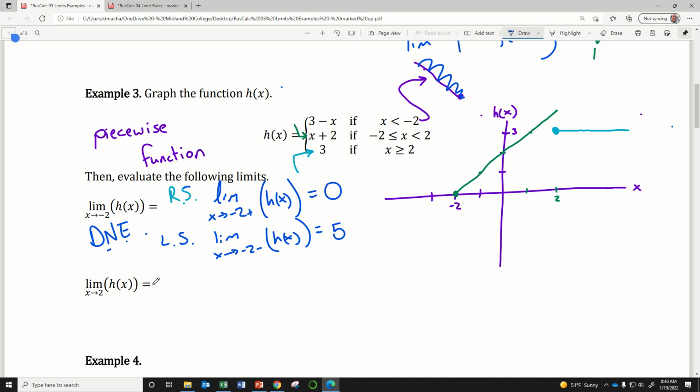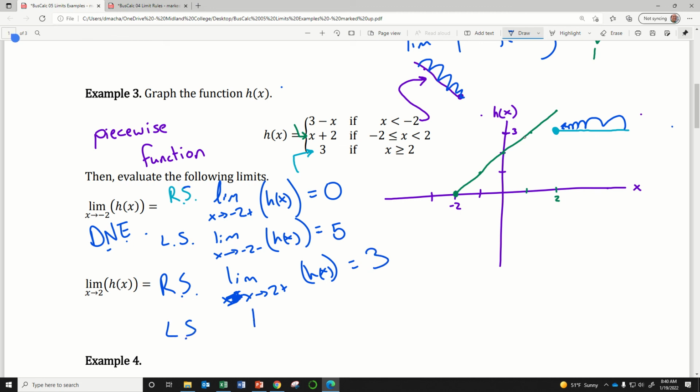And it also asks, what about the limit of this function as x is approaching positive 2? Well, my right-sided limit is dealing with this third branch, so I'm coming in from the right, and it's just staying a constant 3. So as x approaches 2 from the right side, my limit's going to be 3.